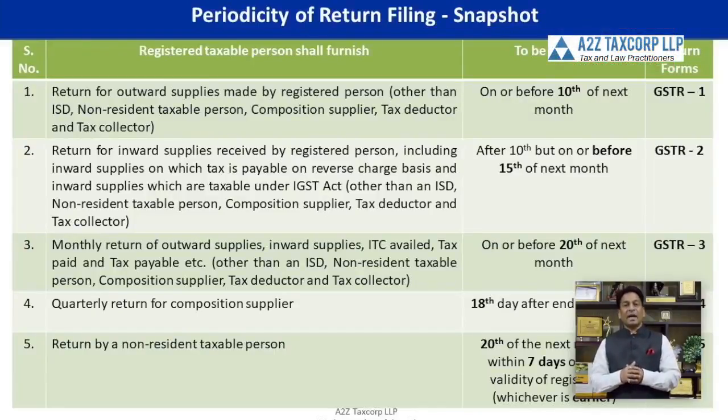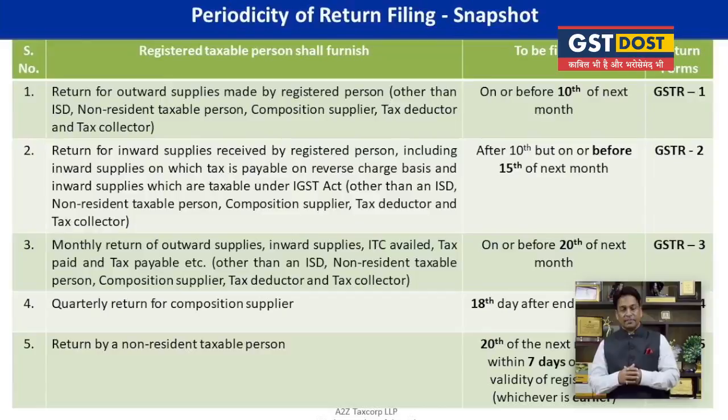Outward supply return for supply of goods or services is to be filed by the 10th of the next month. When I say 10th of next month, for the month of July, it is due by 10th of August.